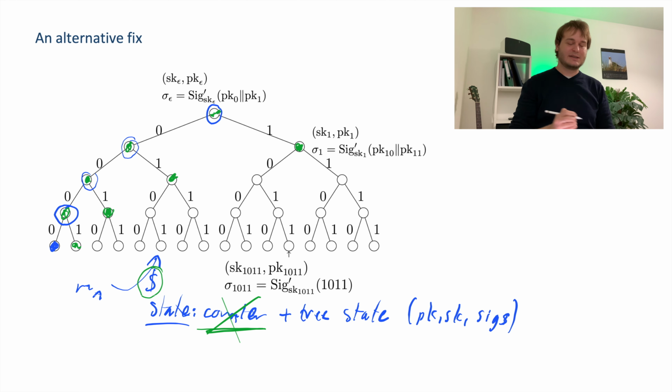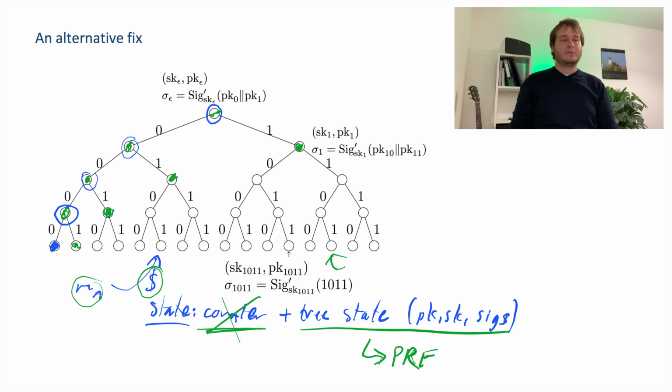And now the only thing that's left is this tree state that we have in the state, but we already know how to get rid of this. And then the security proof of this is all very similar to the tree-based signature scheme. I won't do it here.